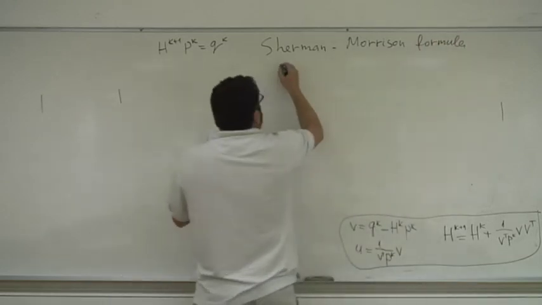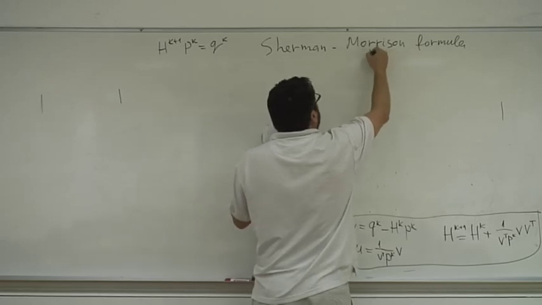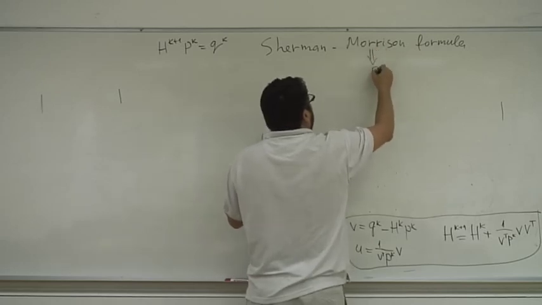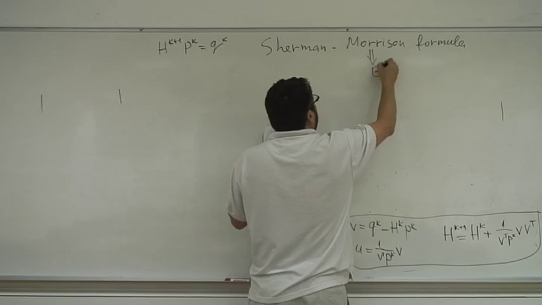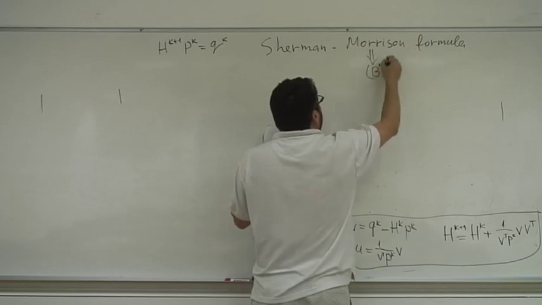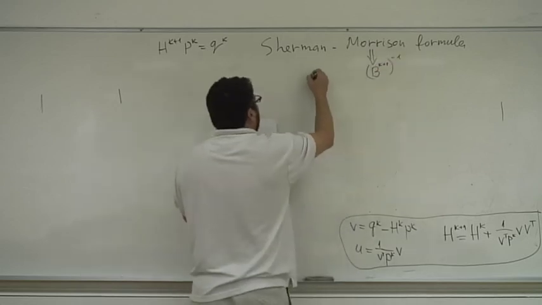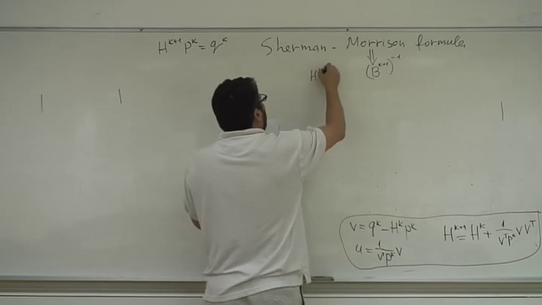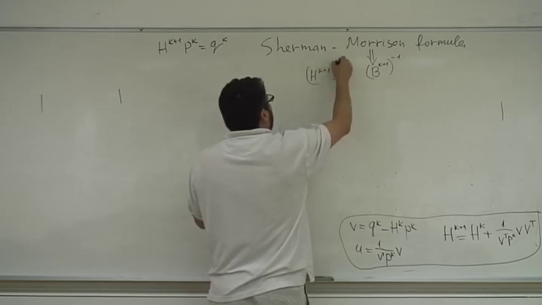So it will give you B inverse, BK plus 1 inverse, if you have HK plus 1 inverse.